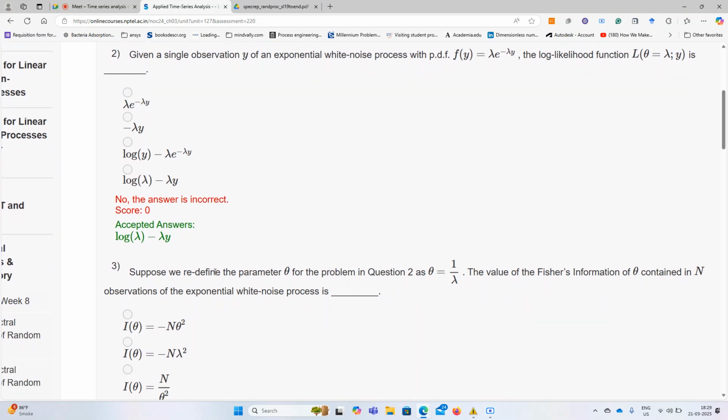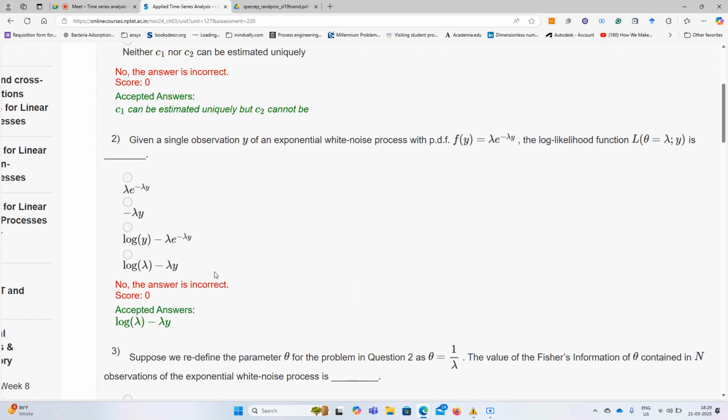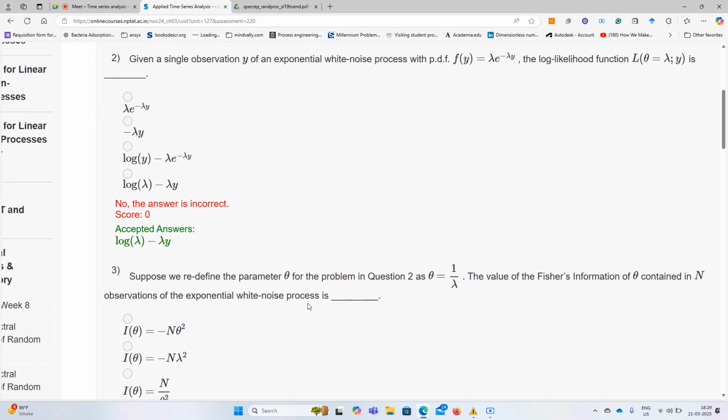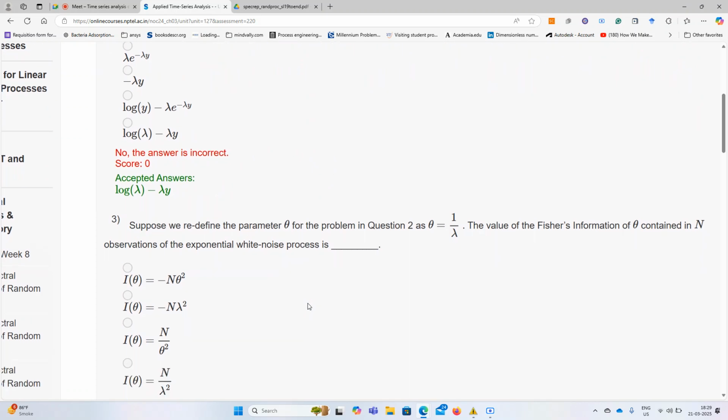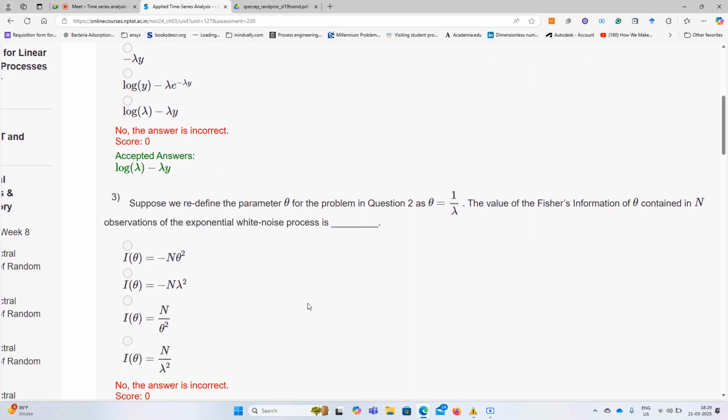Suppose we redefine the parameter theta for the problem in question 2 as theta equals 1 by lambda. Typically, when we convert from one parameter, it's mostly Poisson; when converted to 1 by lambda, it becomes exponential. So the value of the Fisher information of theta contained in n observations of the exponential white noise process is very simple.